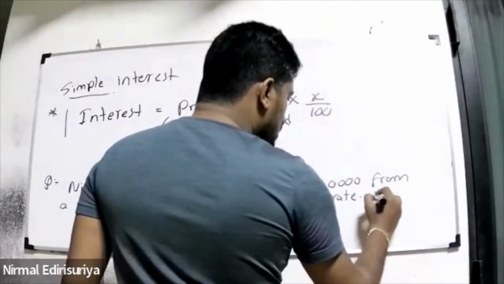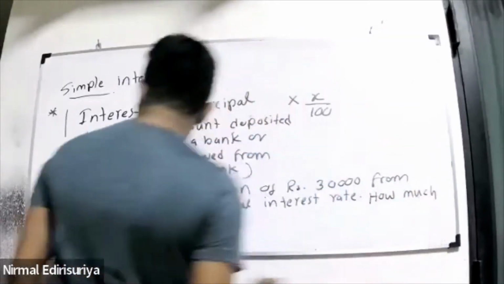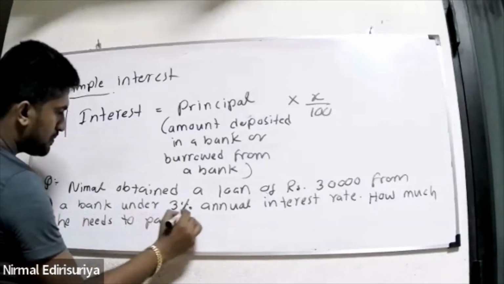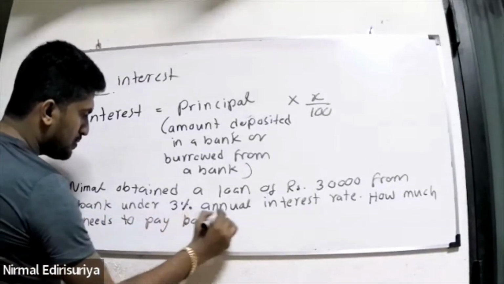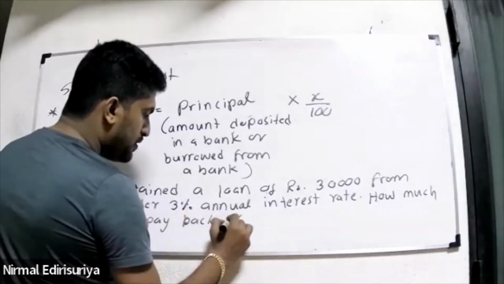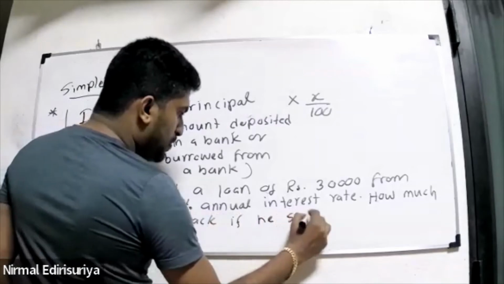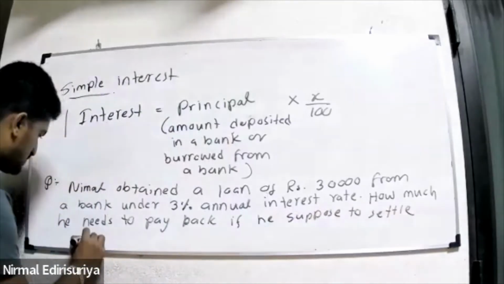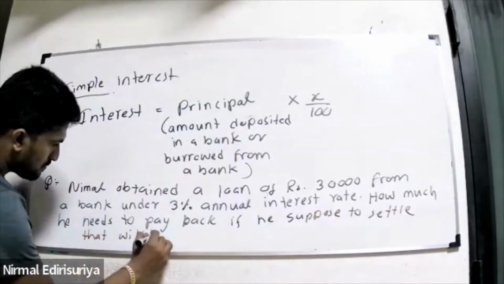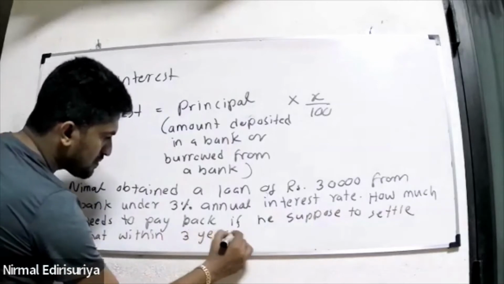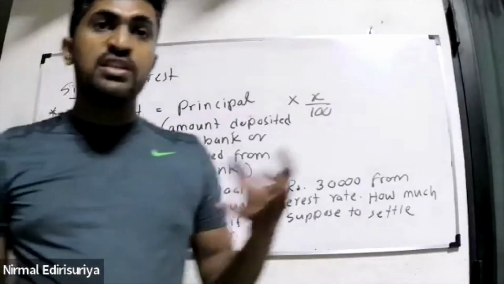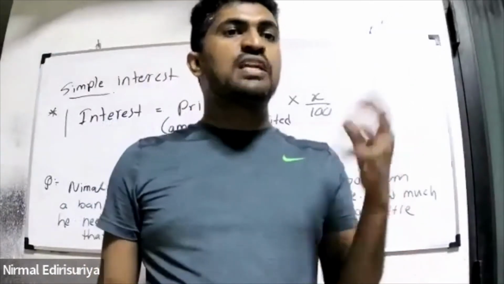How much does he need to pay back if he is supposed to settle that within 3 years? How much does he need to pay back if he is supposed to settle that within 3 years?